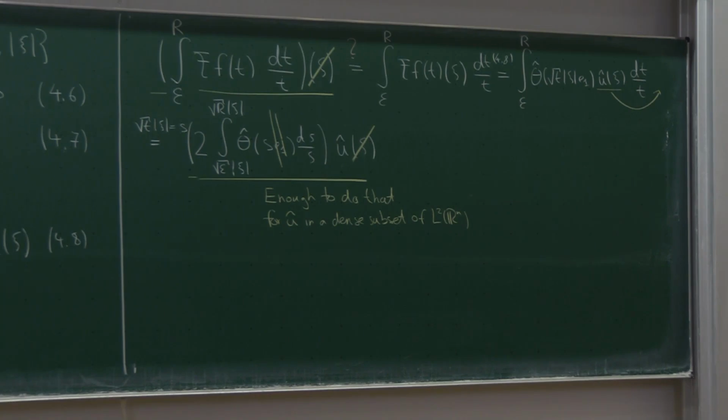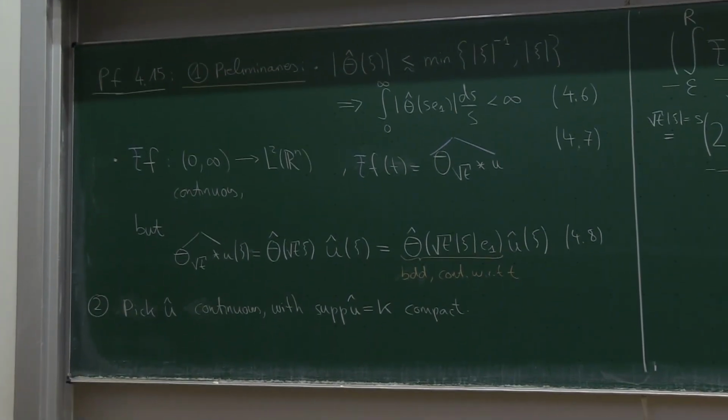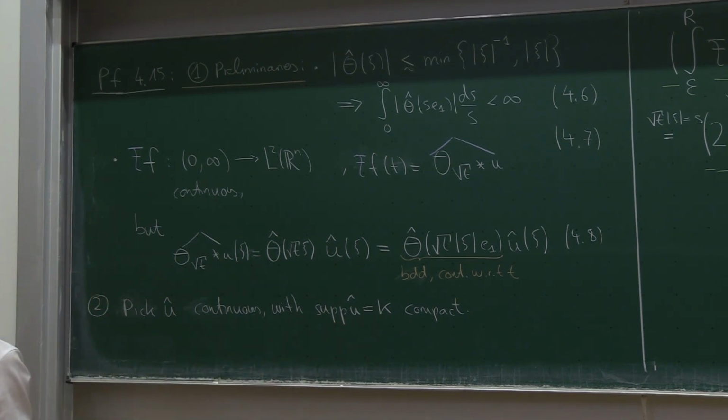And so now I pick u hat in a way that its Fourier transform is continuous and compactly supported. And this is a dense subspace of L2 because C_c infinity is dense in L2. All right? So we take the inverse Fourier transform of C_c infinity functions.